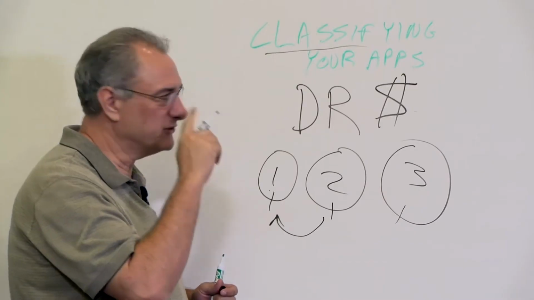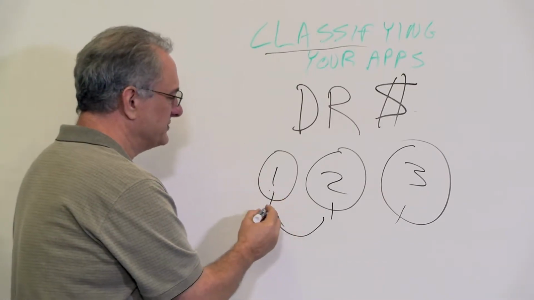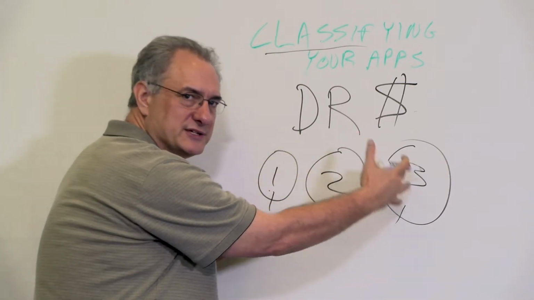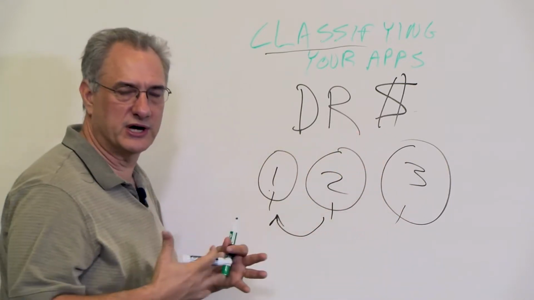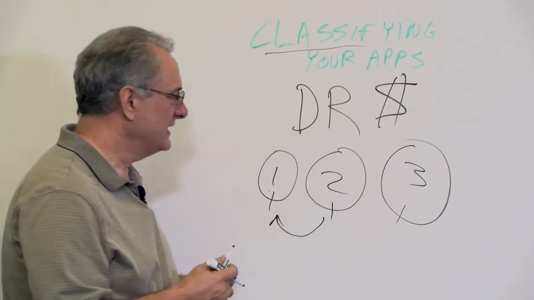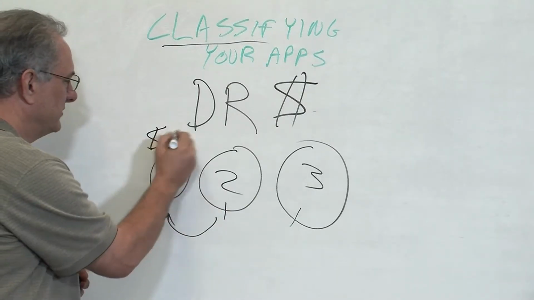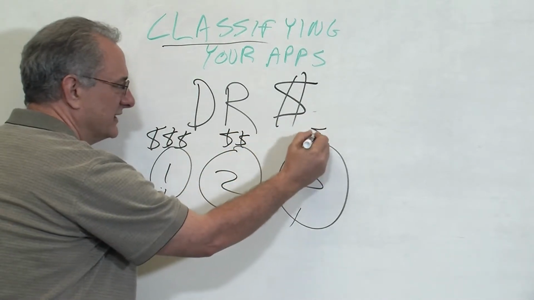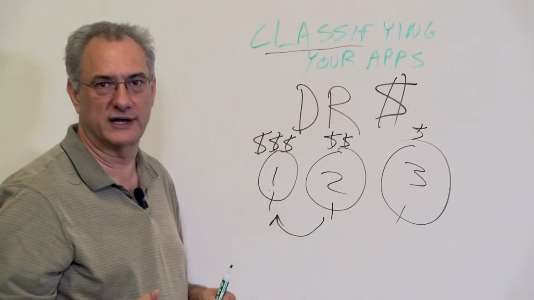The other reason is that the difference in what you're going to do between the different tiers from a recovery design perspective is all about, this is like this, and this is like this, and this is like maybe even a half, right?